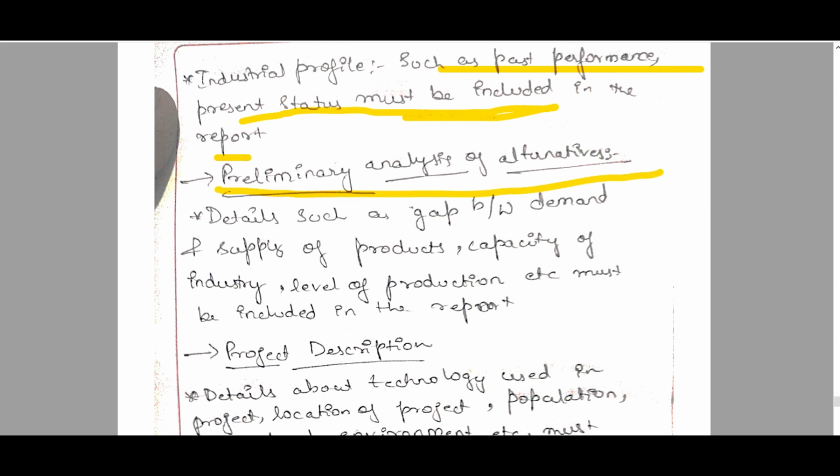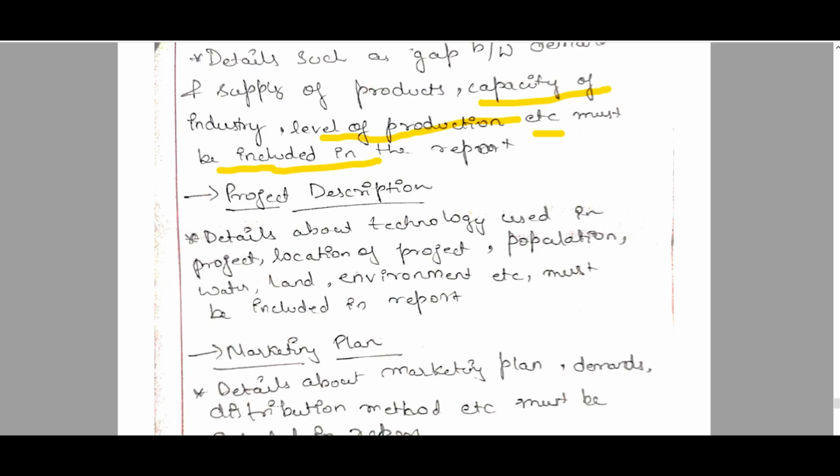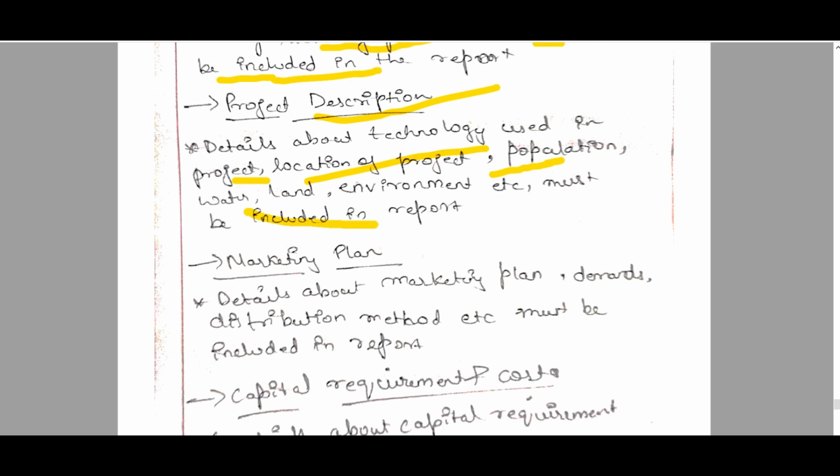Details such as the gap between demand and supply of product, capacity of industry, level of production, etc. must be included in the report. Likewise, as I said earlier, the most important thing is the subheading. Project description: details about the technology used in the project, location of the project, population, water, land, etc. must be included in the report.